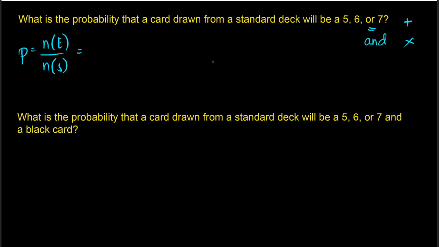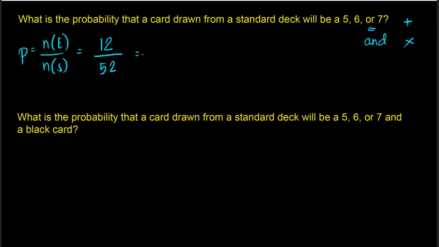Okay, so I think there are 4 suits, right? The clubs, the diamonds, the hearts, the spades. So, yeah, there are 4 of those for each number. So, there are 4 5s, 4 6s, and 4 7s. So, that's 4, 8, 12. 12 is our events that we want to happen, all over how many cards are there? 52.